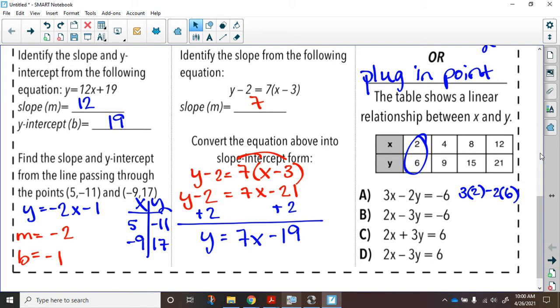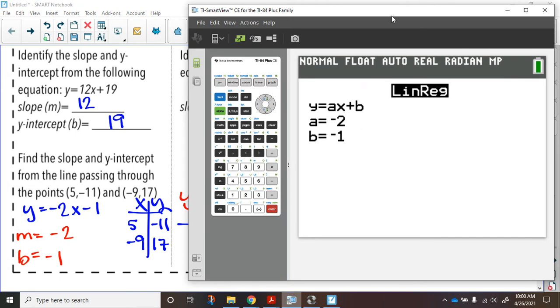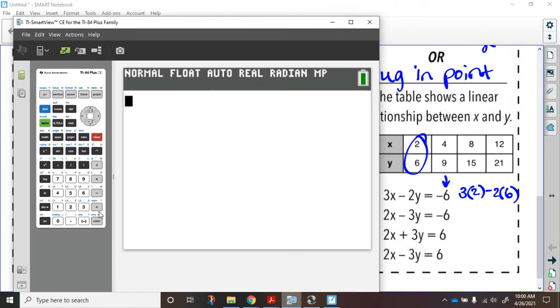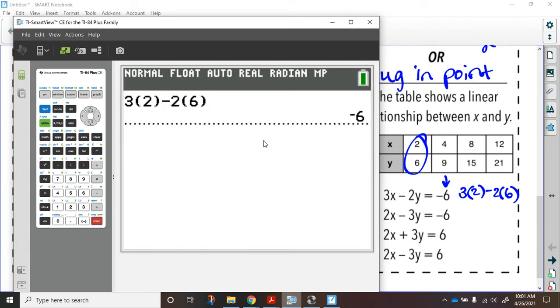So I'm going to plug that into my calculator and see if it equals negative 6. Clear that out. So 3 parentheses 2 minus 2 times 6. And we do get negative 6.